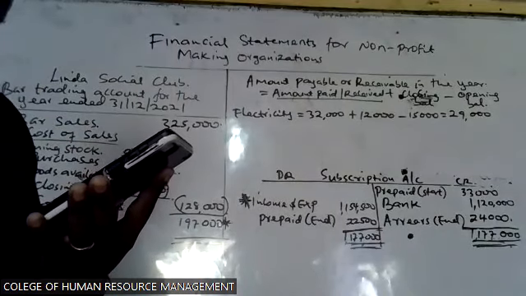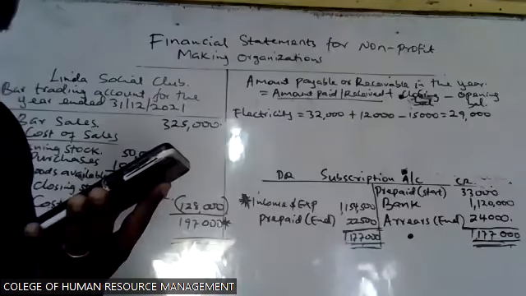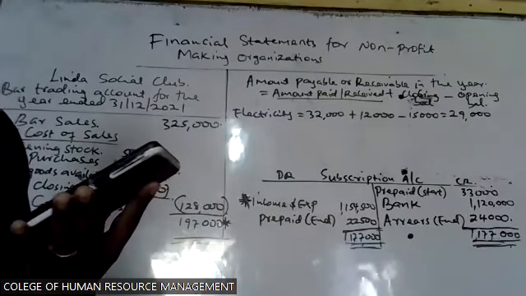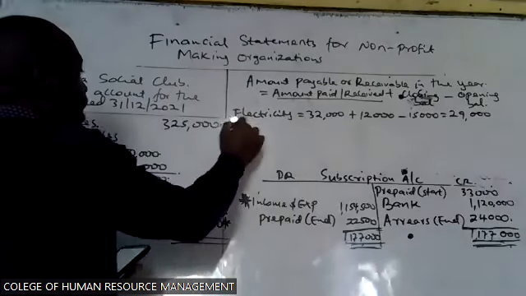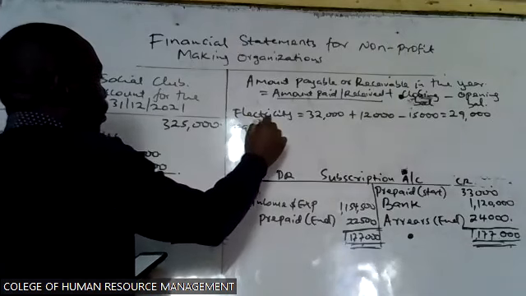subscription we have done. Then we have equipment. For equipment, there we are looking for depreciation.